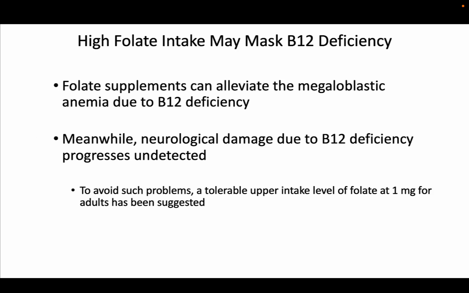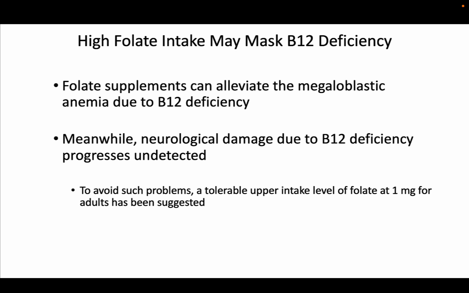The reason that high folate intake can mask B12 deficiency is because the folate will alleviate that megaloblastic anemia. And B12 has other effects, particularly on the neurological system, and so those can take months to years to develop.